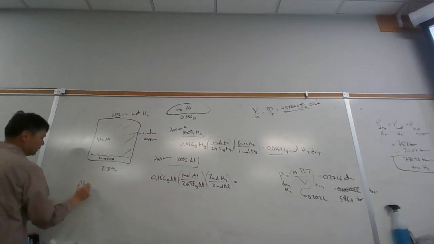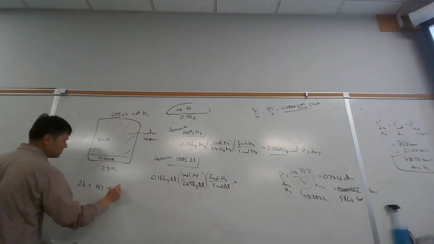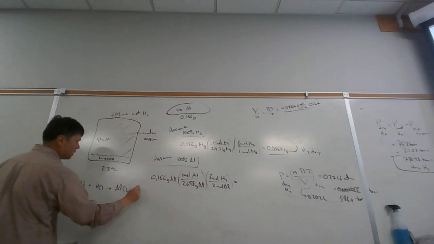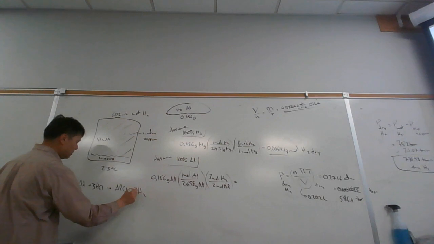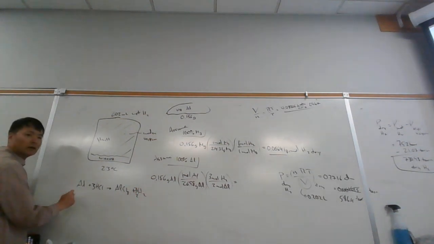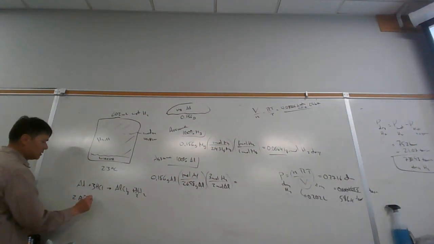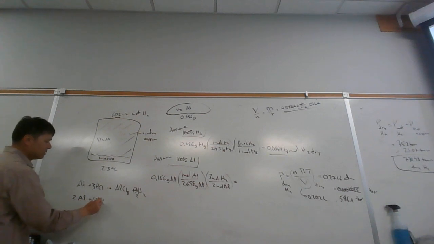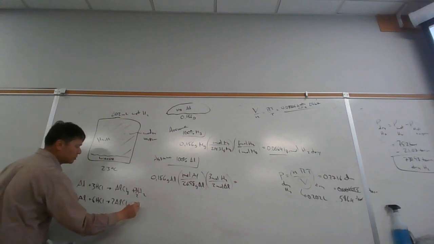Okay. Aluminum plus HCl yields AlCl3 plus H2. So I got 3 here, right, which gives me 3 halves here, and then I just doubled it. And so I got 2 aluminums plus 6 HCl yield 2 AlCl3s plus 3 H2s.